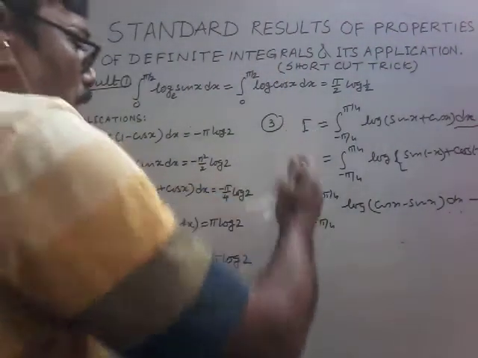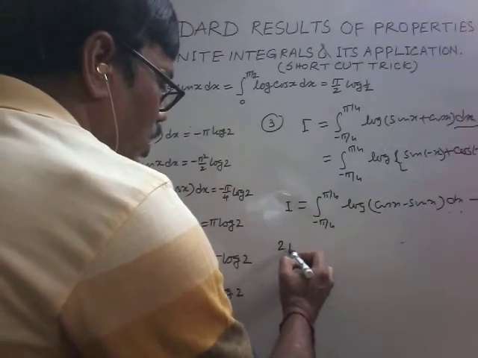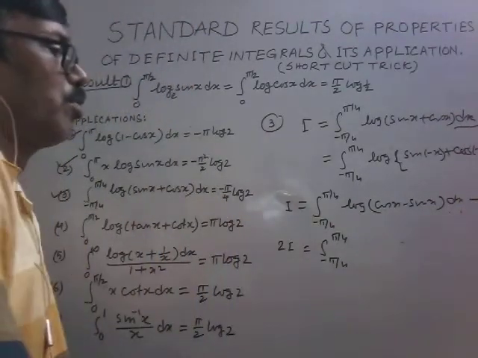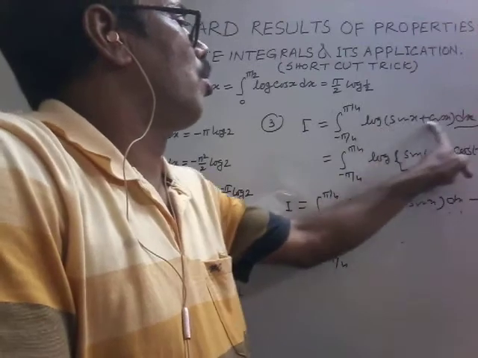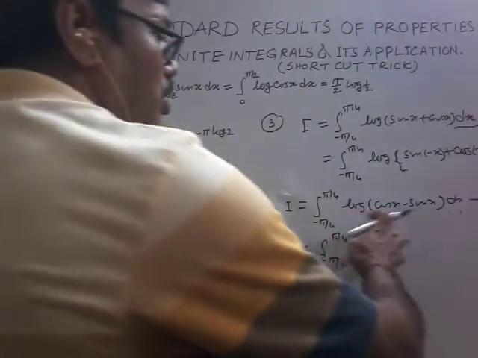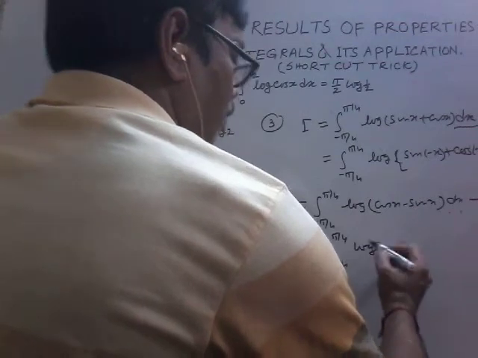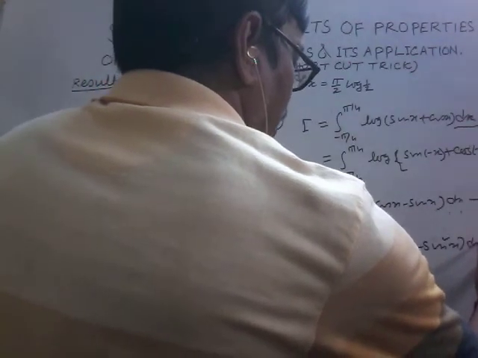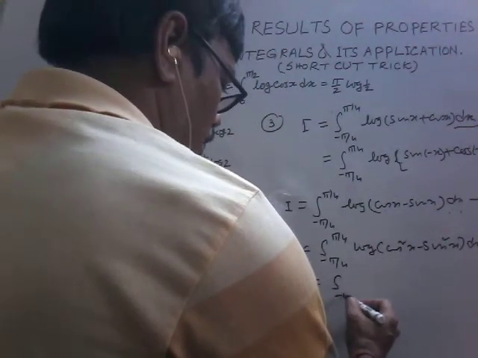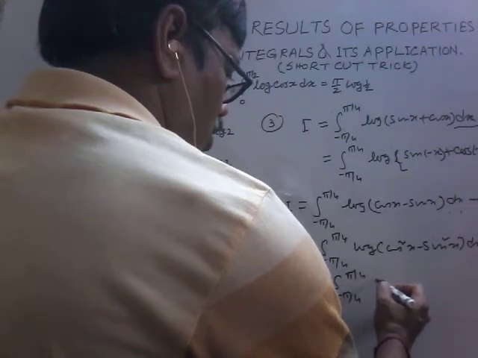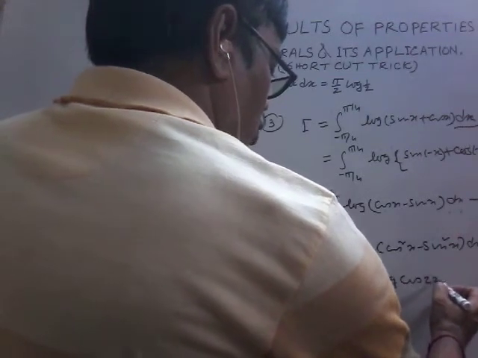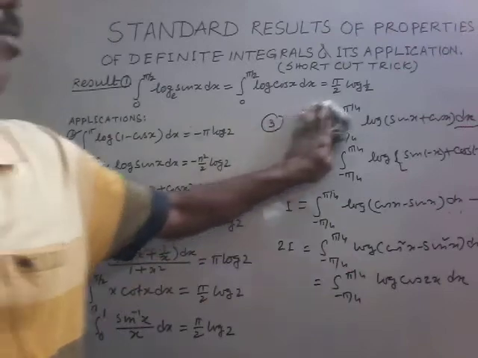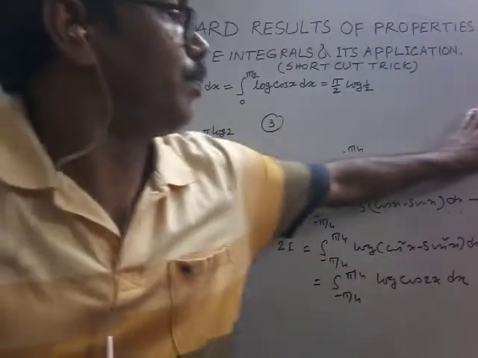If we consider these two, 2I equals the integral from minus pi by 4 to plus pi by 4. We are omitting one step: log of (sin x plus cos x) plus log of (cos x minus sin x). On addition, this will be cos square x minus sin square x. So minus pi by 4 to plus pi by 4 of log cos 2x dx, which is a most important problem for boards also.